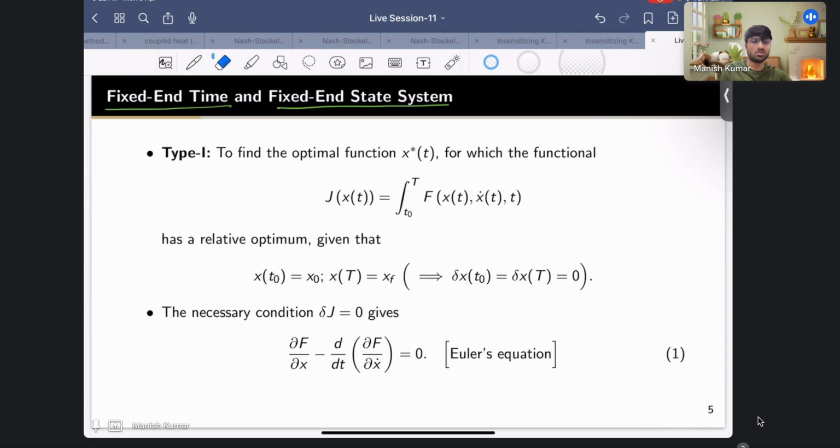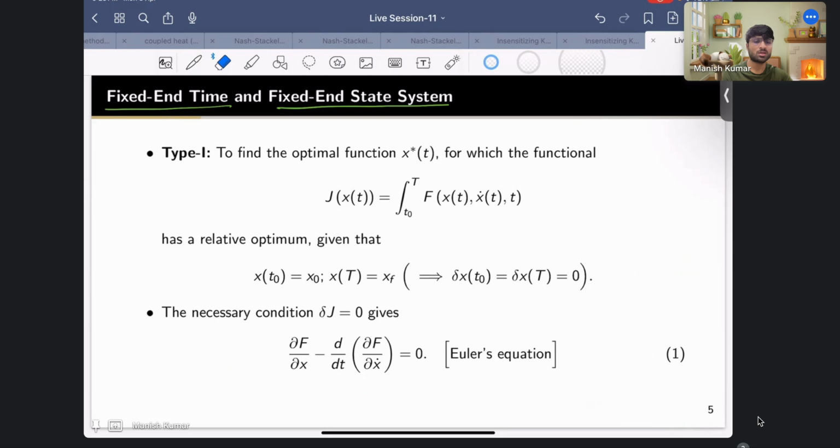Your main goal is to reach the desired data, but you just want to reduce the cost. You want to reach the final data as well, but you don't care about the time. If it takes 5 hours, it's fine. So time could be anything, but the final data is fixed.